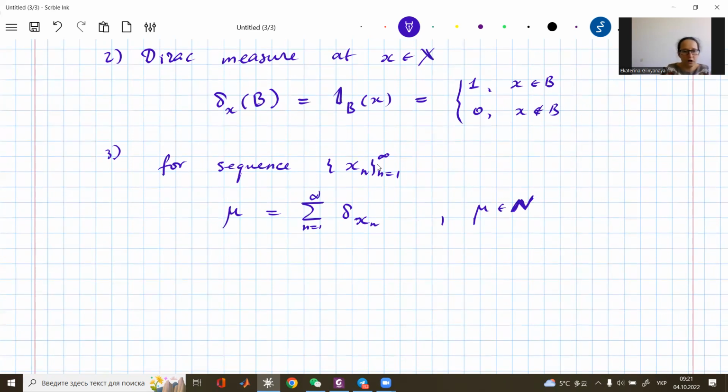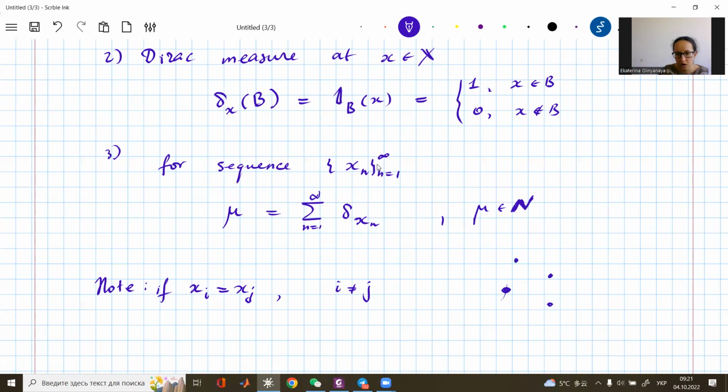Of course, here we should note that if I have points that are the same for different indexes, if I have such a case that x_i is equal to x_j, then we will have the case of so-called weights in points.